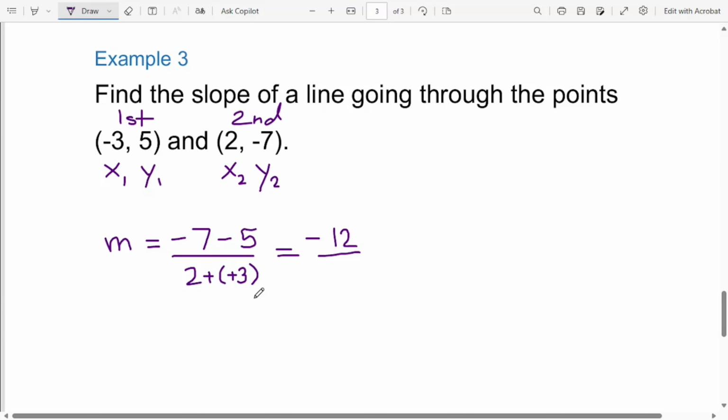Subtracting a negative is like adding a positive. So this becomes -12 over 5, or you might just see the negative written in front, -12 fifths, or you might see it as -2.4.